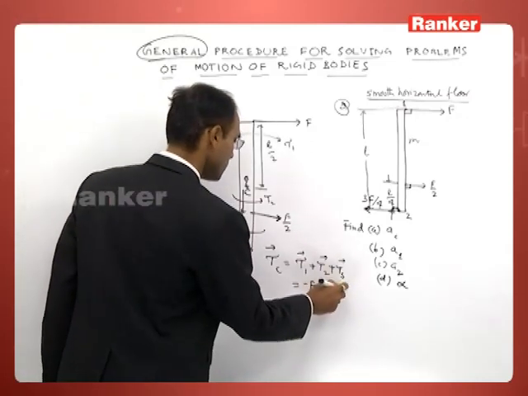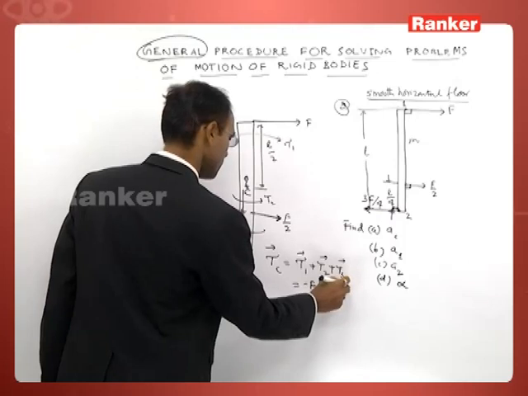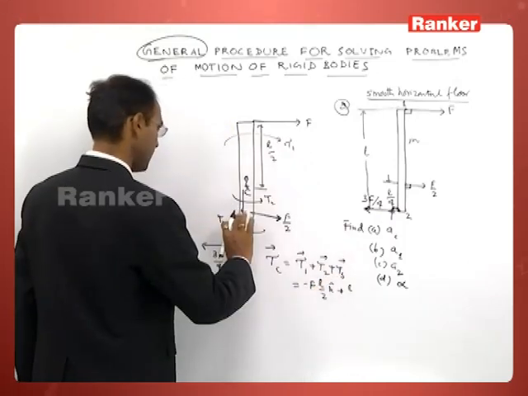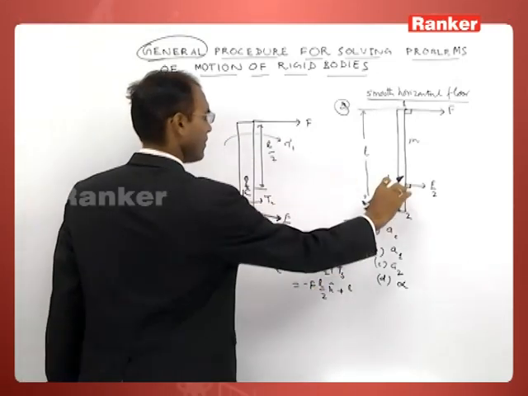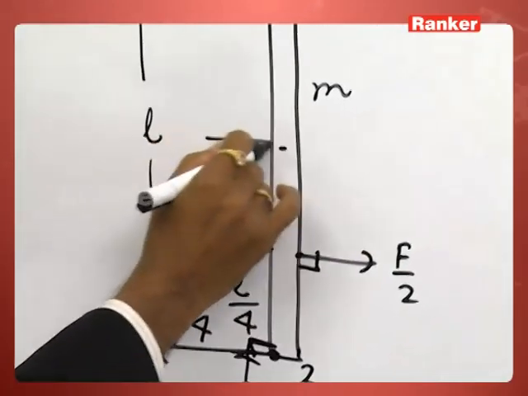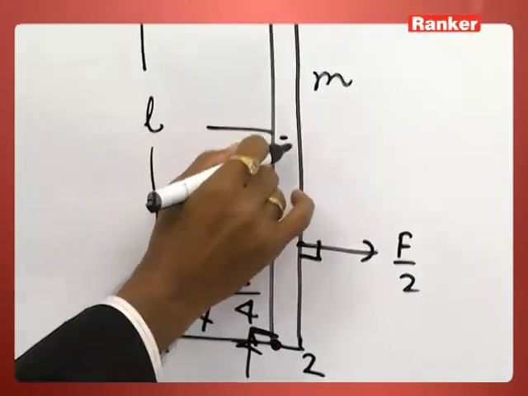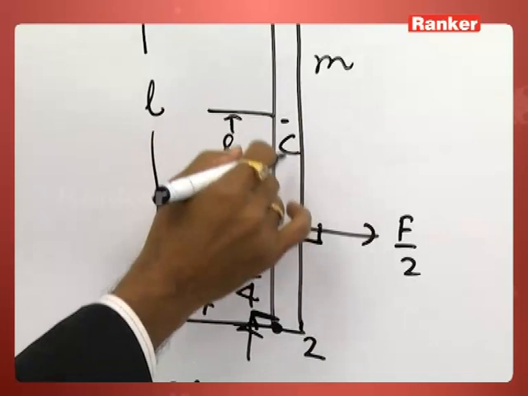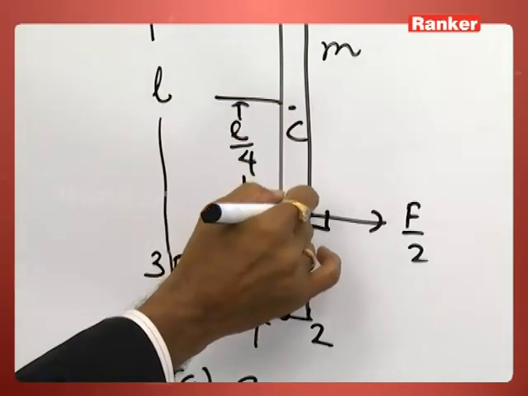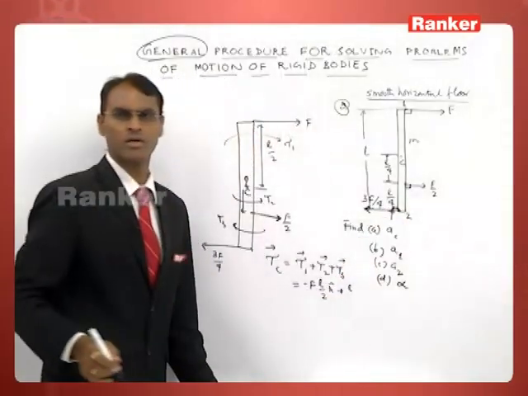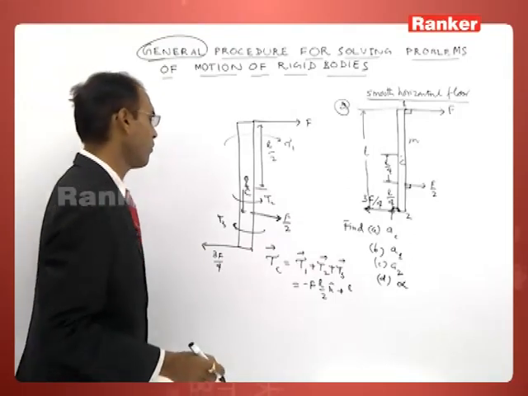That is, tau 2 is equal to, if this is L/4, from the center of mass to the point of application of this force the distance will be L/4.